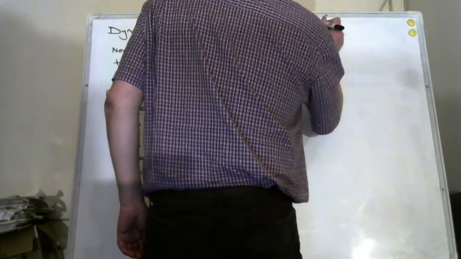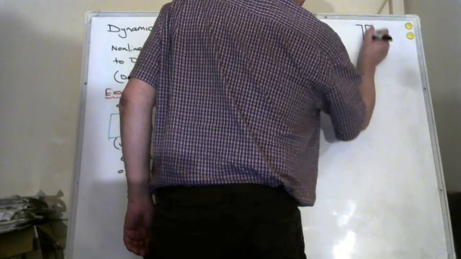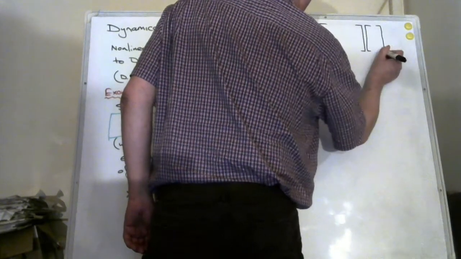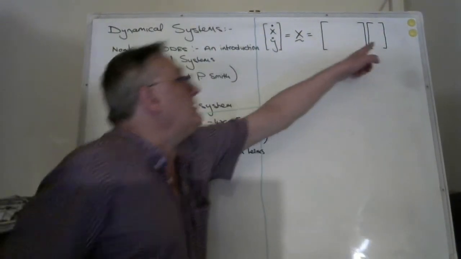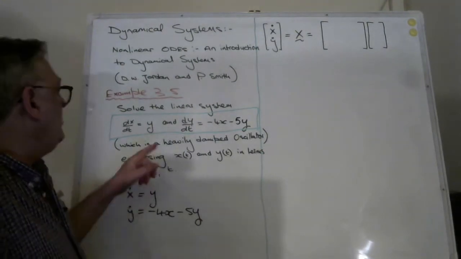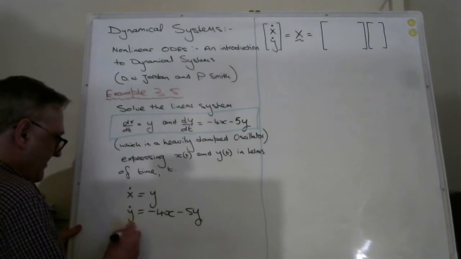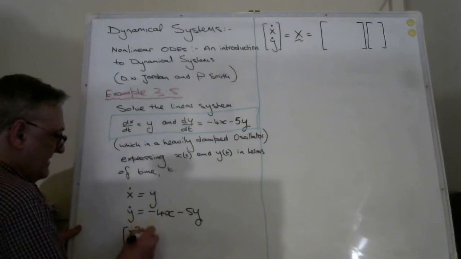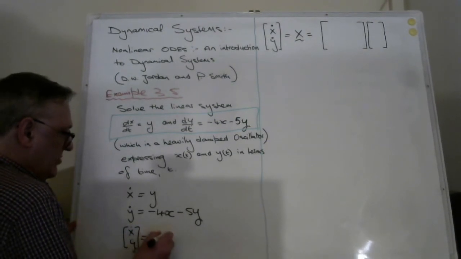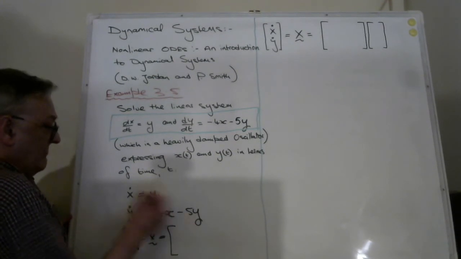And this is equal to, well, we have to write down another matrix as follows. So what goes in this matrix? Well, if we just write this down here, we've got x dot y dot in our matrix, and that's equal to the vector x, which is equal to, well, there is no x term there, there's only a y term.